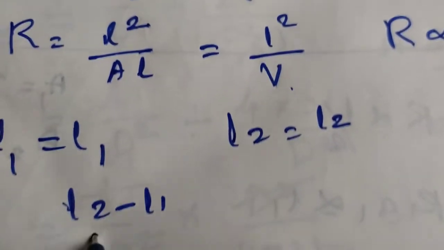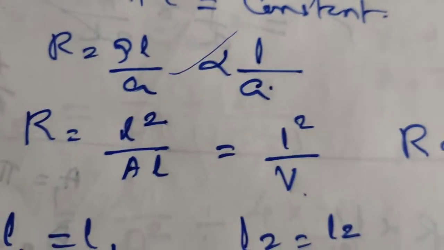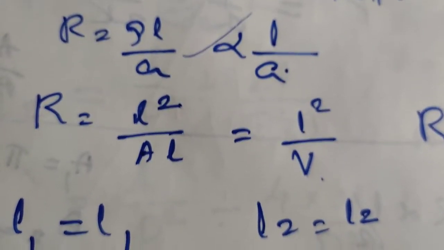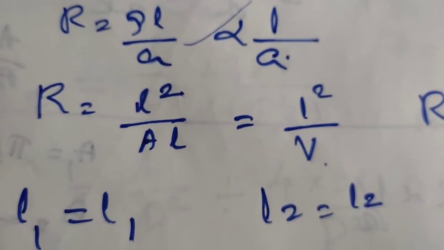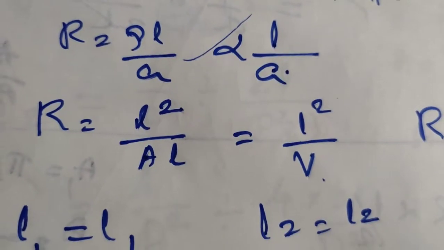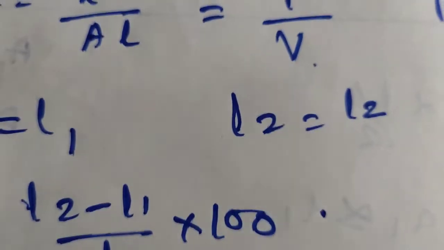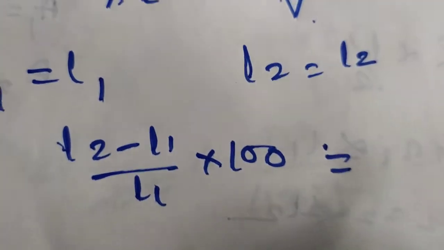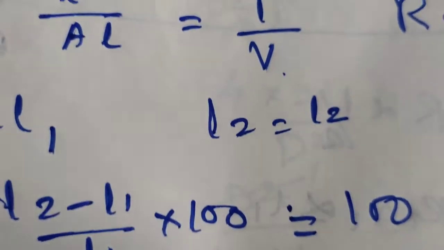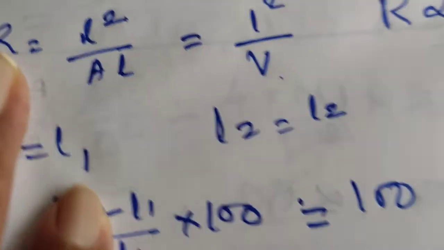(L2 minus L1) by L1 into 100 is equal to 100. That means L2 becomes 2 L1. That is, 100% increase means it will become 2 times.